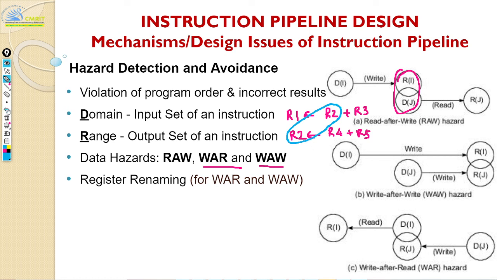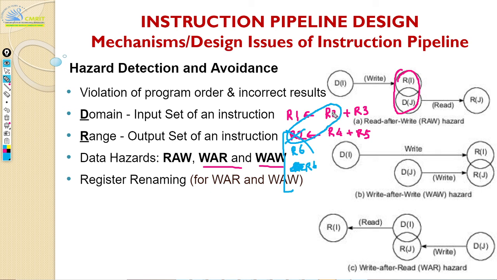Now what I can do is I can just remove this. I will say, hey, don't make this R2, let us call it R6. We will rename it, it's just the name, right? So for all subsequent references, wherever I use R2, I'm going to make it, no, it's not R2, it is R6 for you.